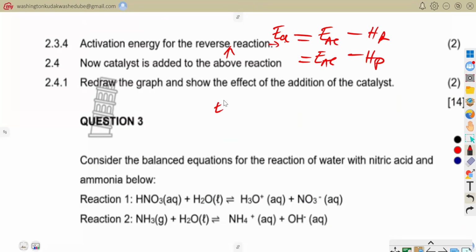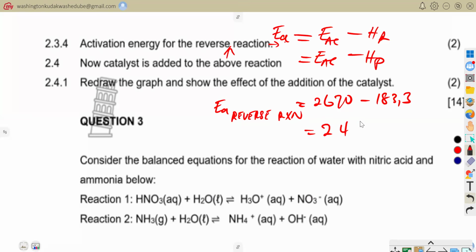The activation energy of the reverse reaction becomes 2670 minus 183.3, and this should give you a value of 2486.7 kilojoules per mole. That was the value for your activation energy on the reverse reaction.